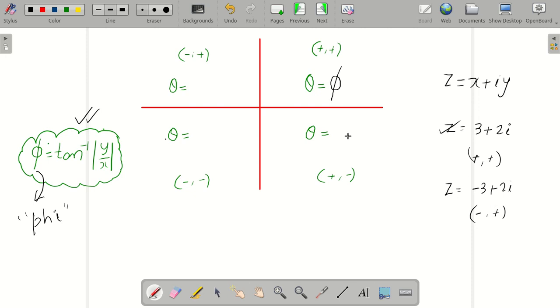That means your complex number will be in the second quadrant, and in the second quadrant the value of theta will be pi minus phi. And this is the case when we have the complex number in the first quadrant or second quadrant, or just above the initial line. Now if it is in the third quadrant or fourth quadrant, just take the negative value. That means it will be minus phi over here, and it will be minus of pi minus phi.